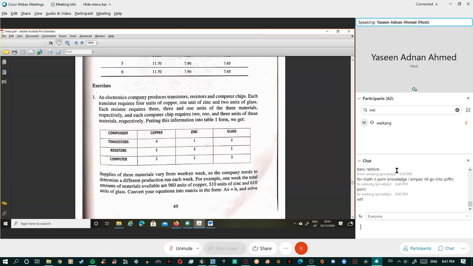Supplies of this material vary from week to week. Okay, so how much supply they need. So it varies from week to week, so the company needs to determine a different production run each week. It depends on the requirement.